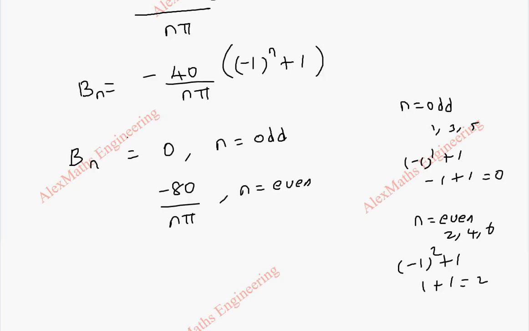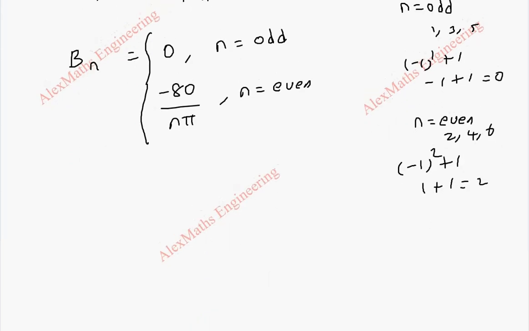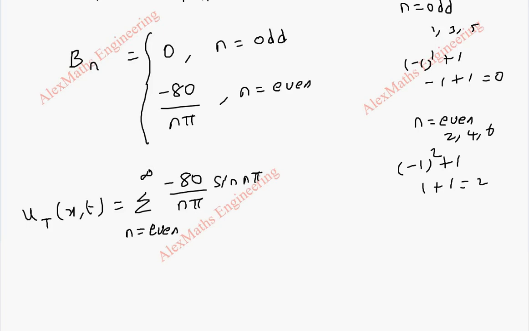So we have two set of values for bn. So when I substitute in u t of x comma t, we have summation n is from 1 to infinity, but now it is even till infinity. Bn is minus 80 by n pi into sin n pi by 30x e power minus alpha square n square pi square by 30 square into t.